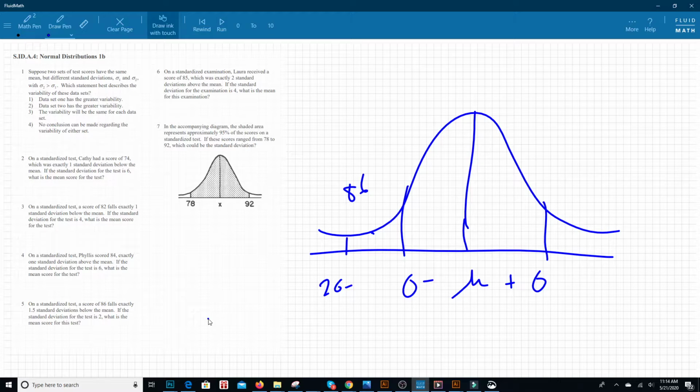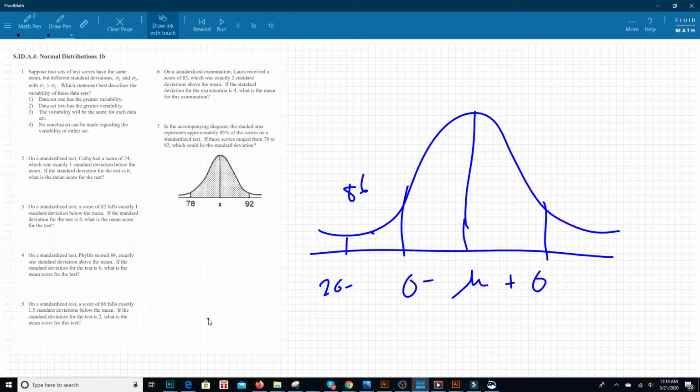If the standard deviation is 2, then 1.5 standard deviations equals 3 points, so 3 points below the mean. Since 86 is below the mean, add 3 to 86.